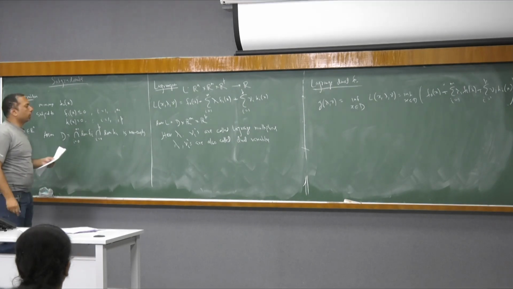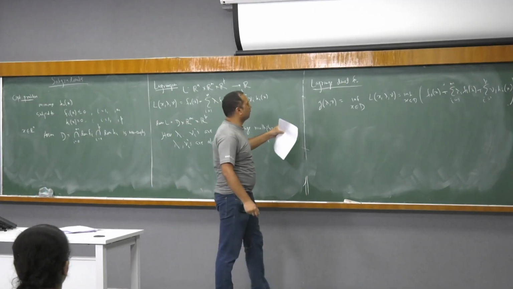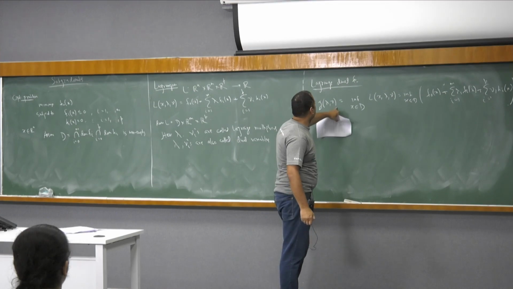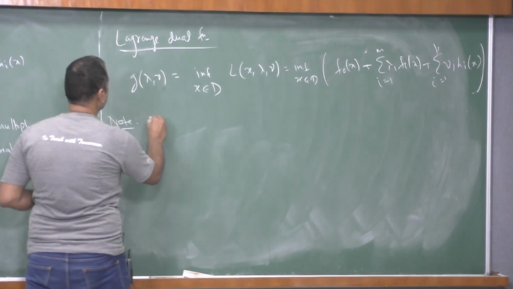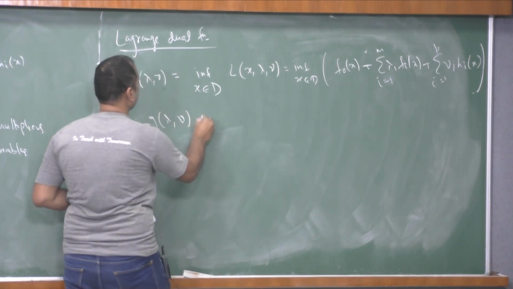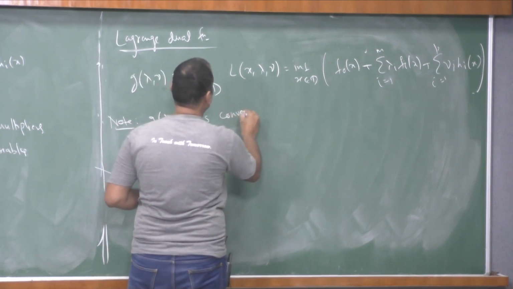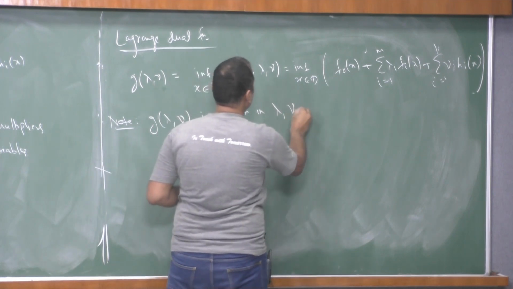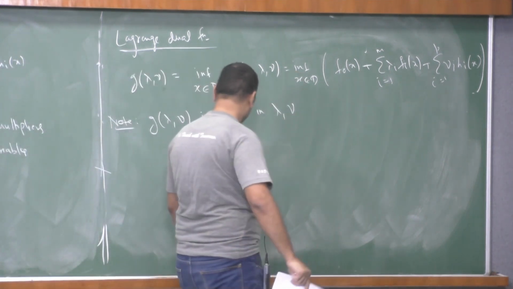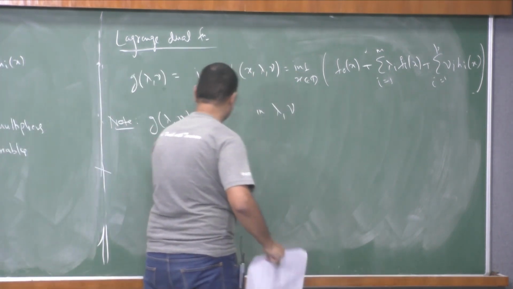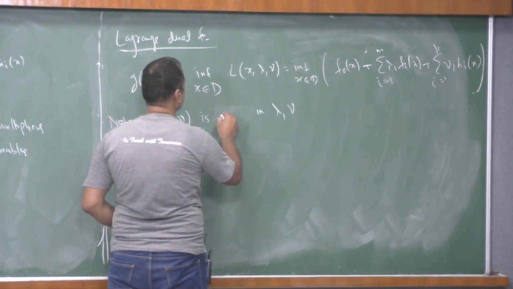It so happens that the Lagrange dual function is a concave function in lambda and nu. So note that g of lambda, nu is convex in lambda, nu, and this is true because, actually, it will be concave because it's an infimum. Let's say the other way around, right? Supremum is convex, infimum is concave.